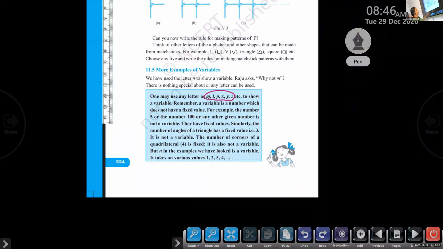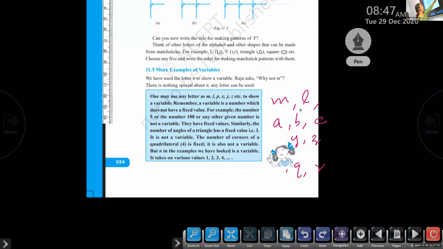We can use any letter: M, L, A, B, C, X, Y, Z, P, Q, R. Any alphabet can be used to show a variable.